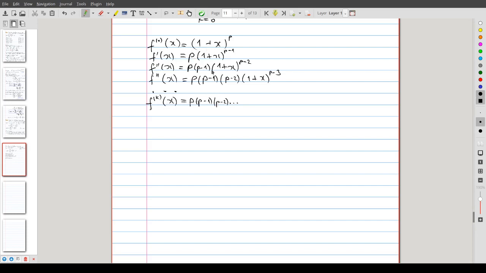We have performed k differentiations, so there will be k factors. And the last one will be p minus k plus 1, because the first one was p minus 1 plus 1, the second was p minus 2 plus 1, and so on. This is the last factor. And this product will be multiplied by 1 plus x to the power p minus k.